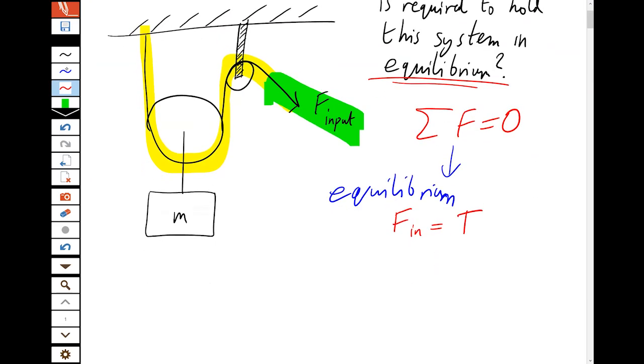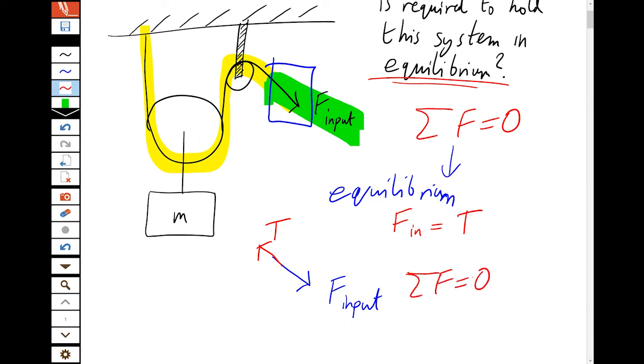And you can prove that to yourself quite handily. If we were to just cut off this little bit of rope, we would see we have the input force pulling one way, the force of tension in the rope pulling in the opposite direction, and all the forces must add up to 0 in any axis, so the input force is equal to the tension. So we found the tension in the rope.